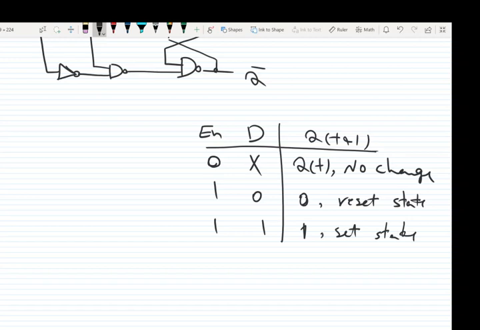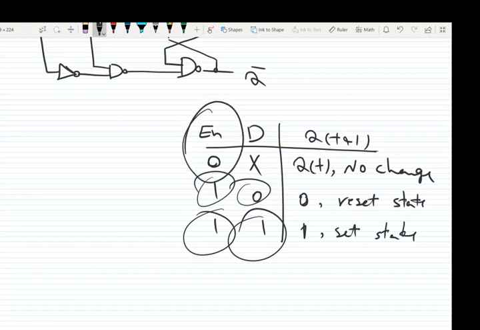So whenever we want to reset the circuit, we enable it and put D equal to 0. When we want to set the output, we set enable to 1 and the input to 1.